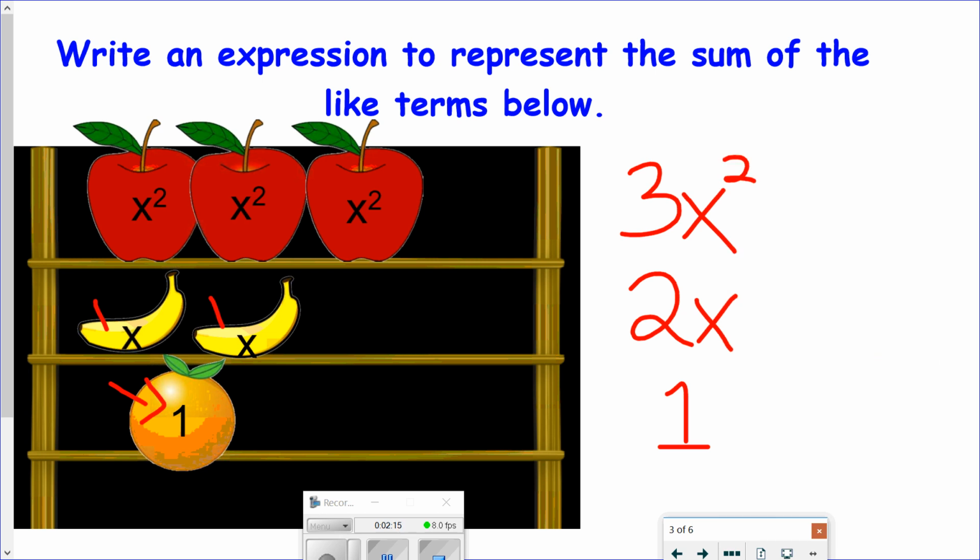So I'm going to take my 3x squared, and I'm going to add my 2x, since it's positive. If it was a negative, I would put minus 2x. And I have this positive 1, so now I'll write plus 1. And that's going to be my expression. This becomes 3x squared plus 2x plus 1.